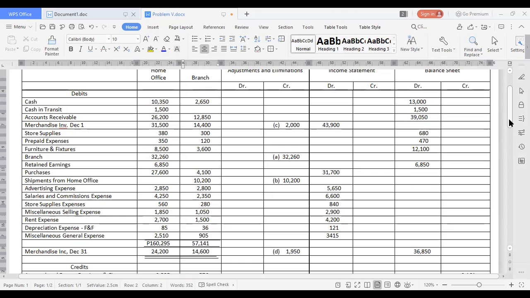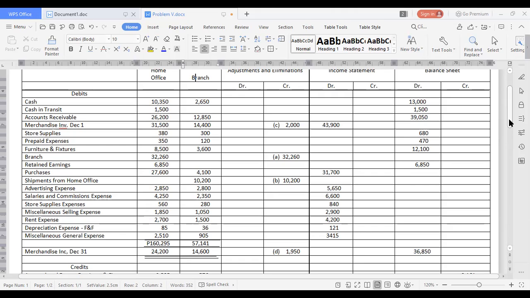On the asset side, we have cash, debit total 13,000, cash in transit 1,500, then accounts receivable for a total of 39,050. Merchandise inventory beginning is extended to the income statement because the amount extended to the balance sheet is the ending inventory.